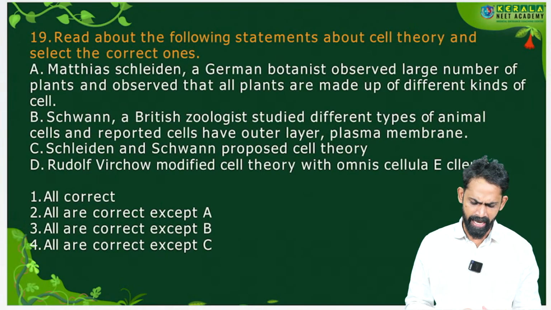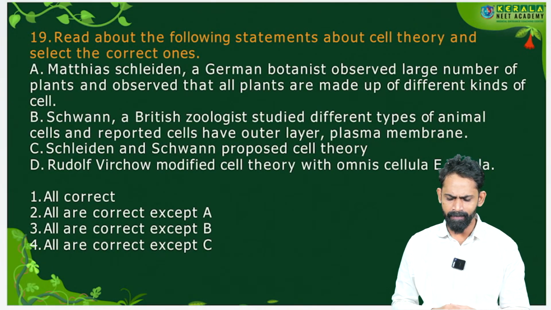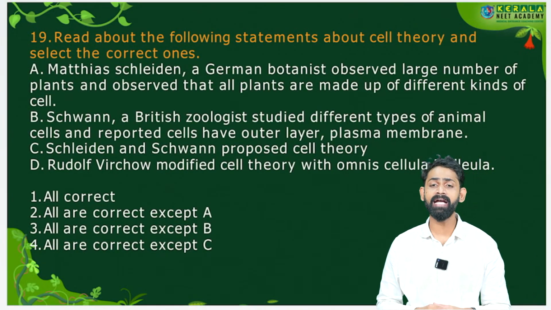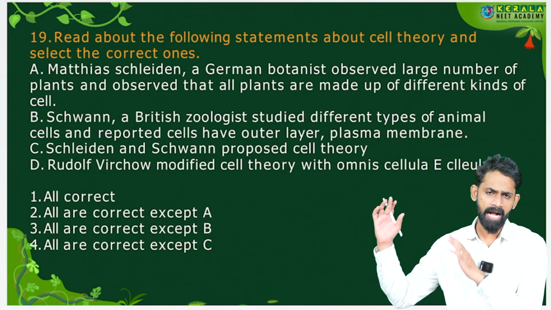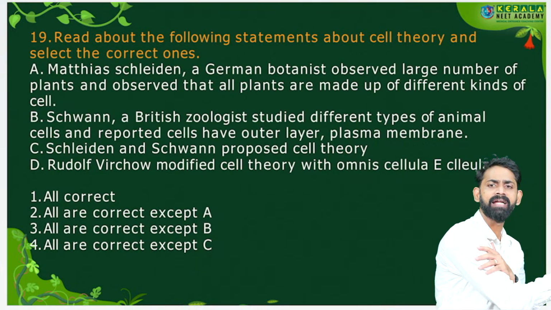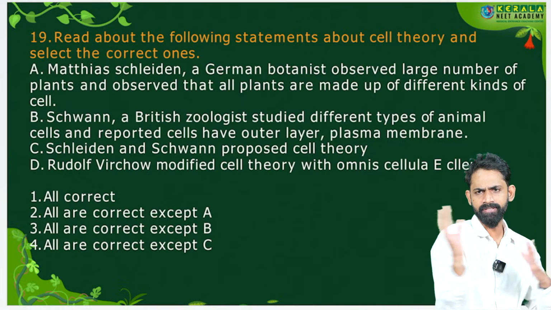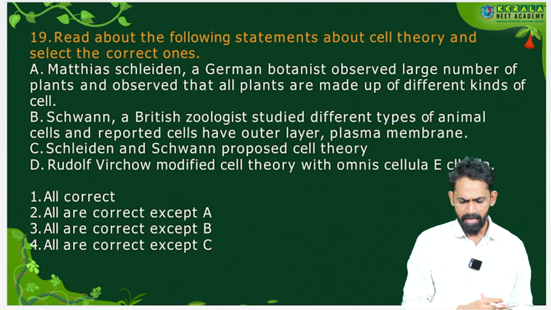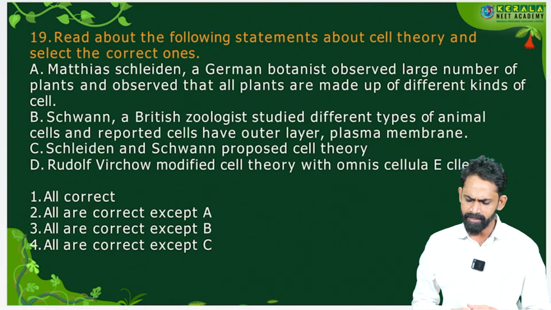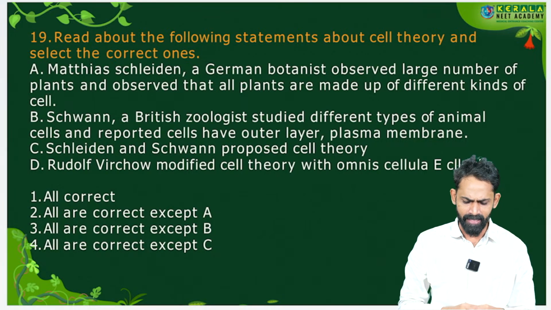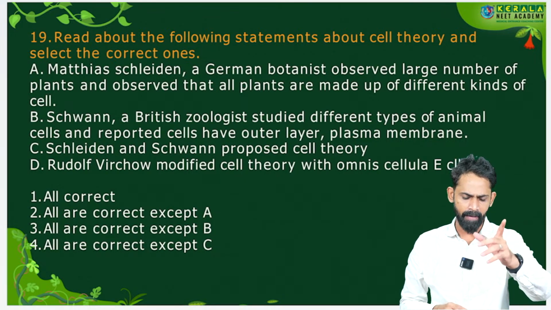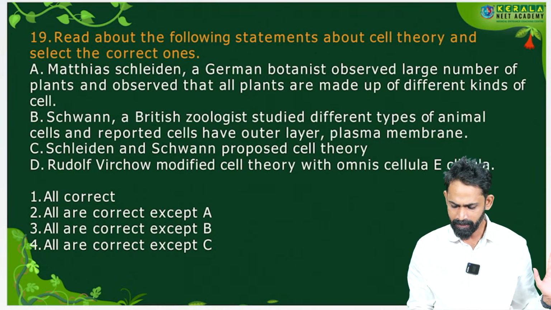The next one is: read the following statements about the cell theory and select the correct ones. I covered from the back side and reached almost towards the front. Schleiden, a German botanist, observed a large number of plant cells and observed all plants are made up of different types of cells.